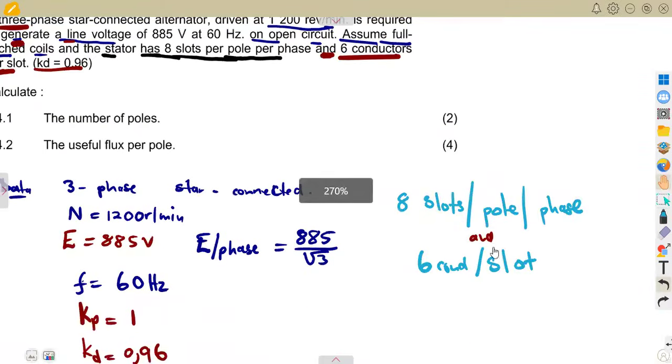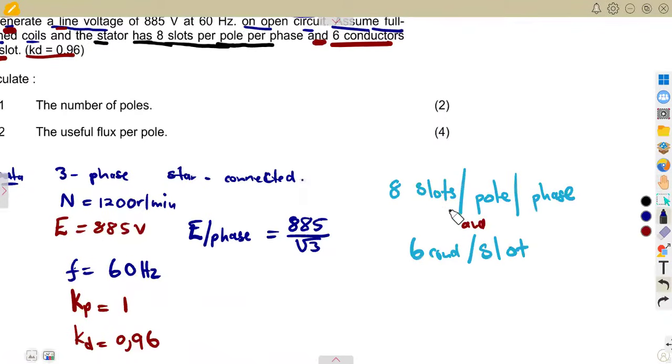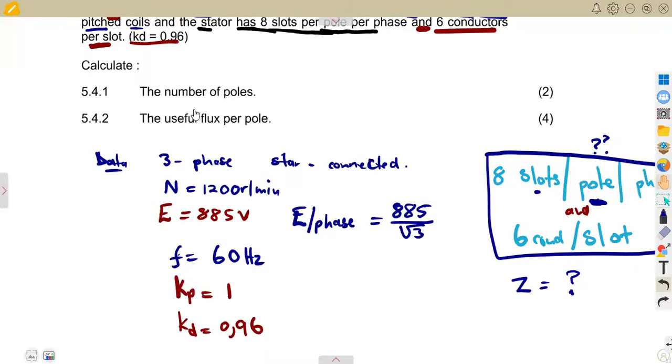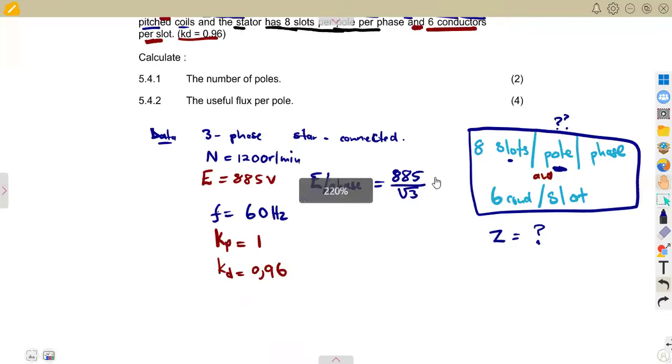Because it's referred to as 8 slots per pole, you're going to need the number of poles, which you do not have. So it is going to be difficult for us to obtain our Z. But this is the information that you are going to use to obtain the Z. So let's just leave it for now because we do not have the number of poles. As you can see, the poles are included. So let's leave it like that because we're going to need that on 5.31.